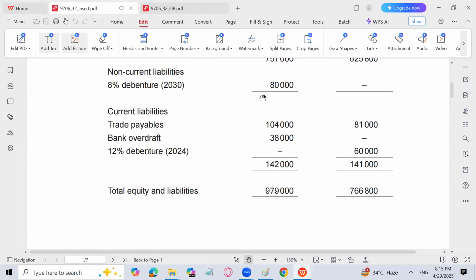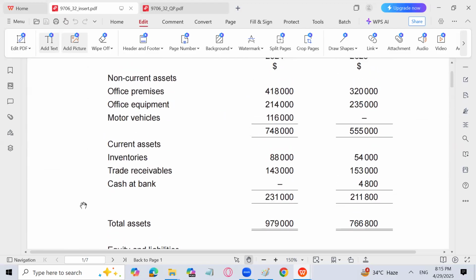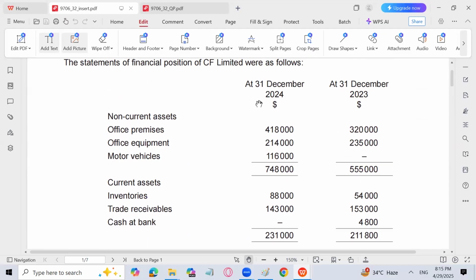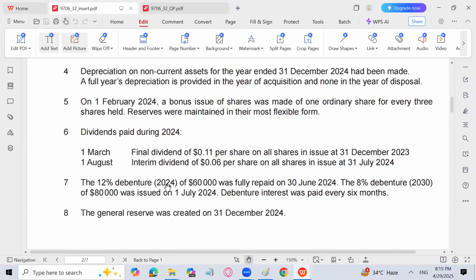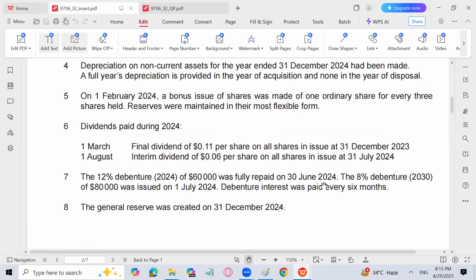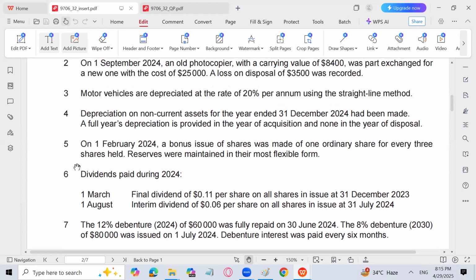The date is 31st December 2024. The 12% debenture was fully repaid on 30th June, and the 8% debenture was issued on 1st July 2024. For the next 6 months we have to pay interest on that. So this is how we have used this particular point.